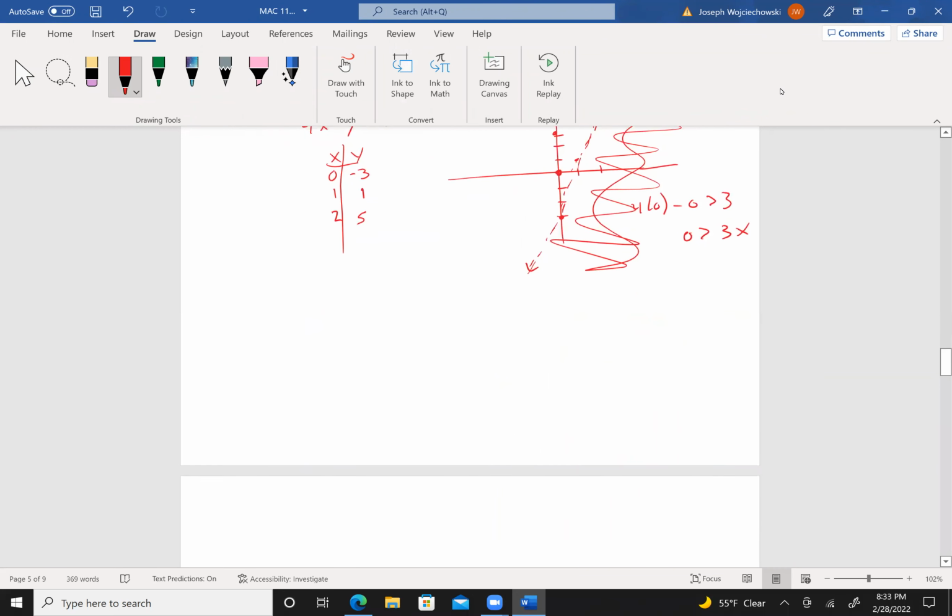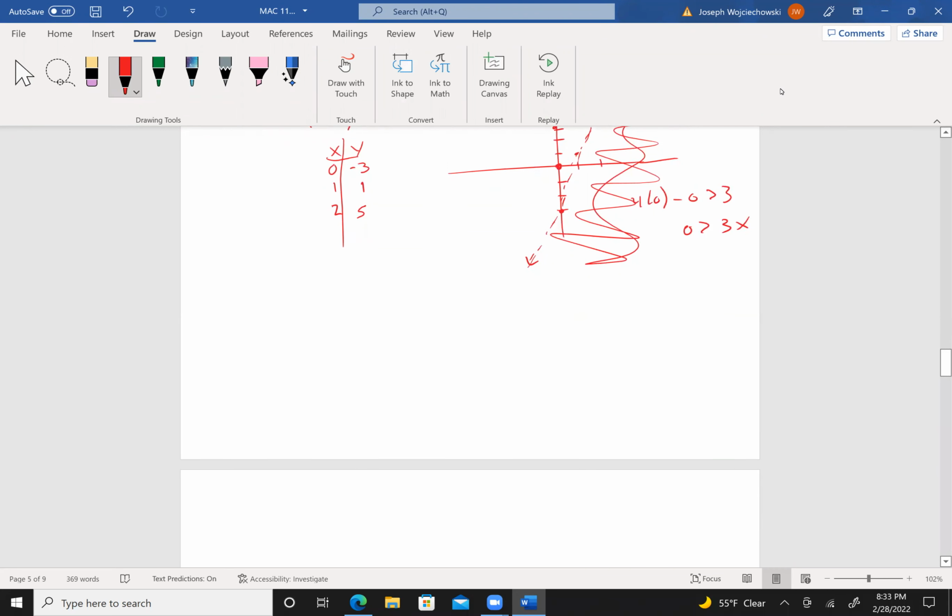Okay. So what about something like this one? 2y is greater than or equal to 5x. Well, again, here we have a solid line. We can go 2y equals 5x, or y equals 5 halves x. Find us some points.